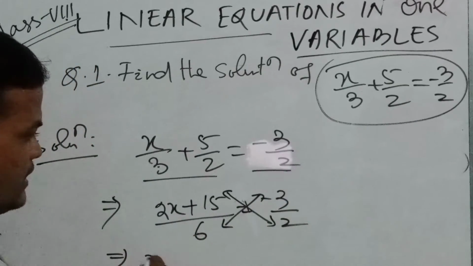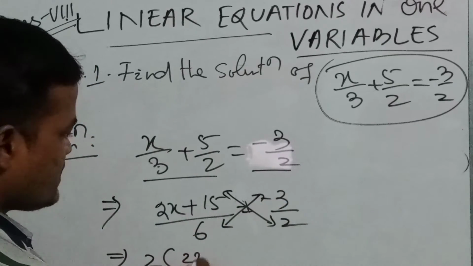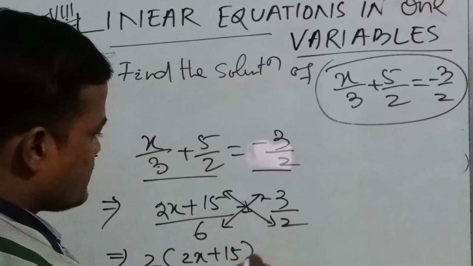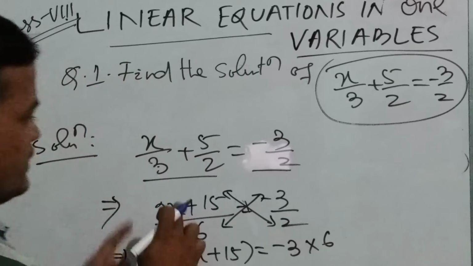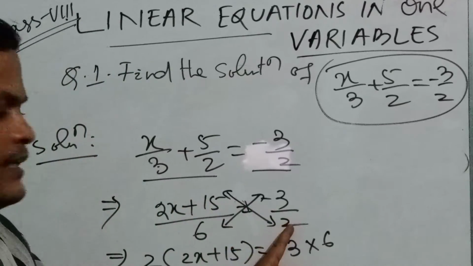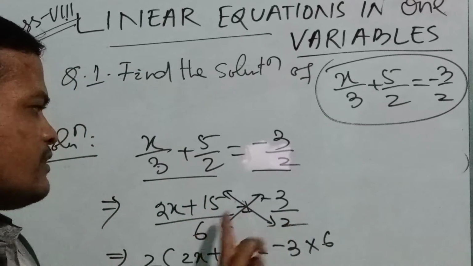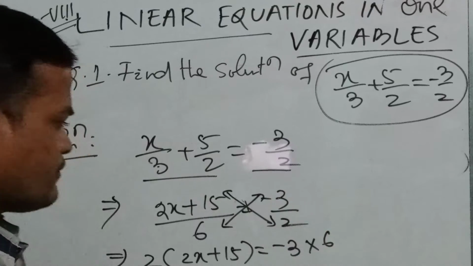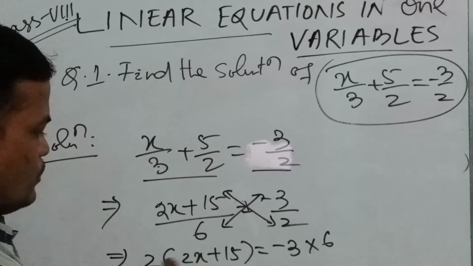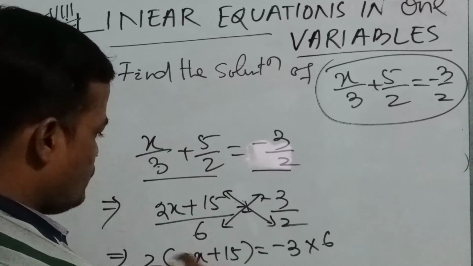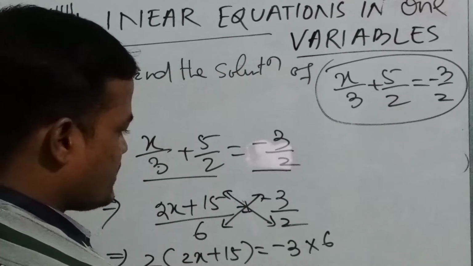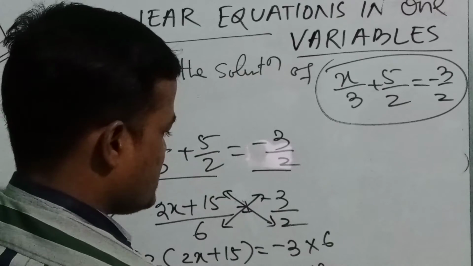Now let us multiply 2 whole into 2x plus 15 equal to minus 3 into 6. We are getting 2 into 2, 4x, 15 into 2, 30, and 3 sixes are 18.